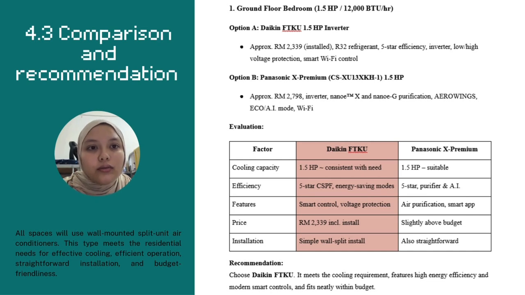So, for the ground floor bedroom with 1.5 HP or 12,000 BTU per hour, we evaluate two inverter models, the Daikin FT KU 1.5 HP and the Panasonic X Premium 1.5 HP. Both offer excellent energy efficiency, 5-star CSPF ratings and R32 refrigerant.